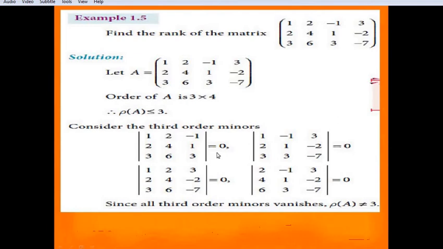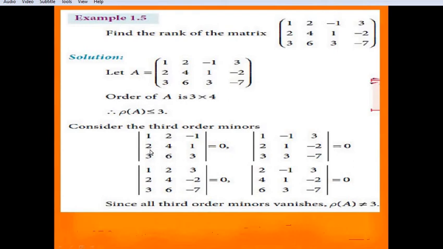Its determinant is equal to 0, because already in 11th standard we learned that if two rows are proportional, then its determinant is 0. Here we can see first row 1 2 minus 1, second row 2 4 1, and third row 3 6 3.